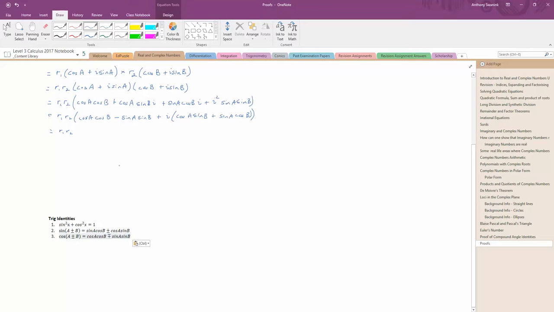Well, if you look at the cos A cos B, that looks like one of these third identities, the minus sine A sine B. Now what's this minus plus and plus minus business? Well, what we have here is a minus sign between the cosine A cosine B and the sine A sine B, so it matches that top line.